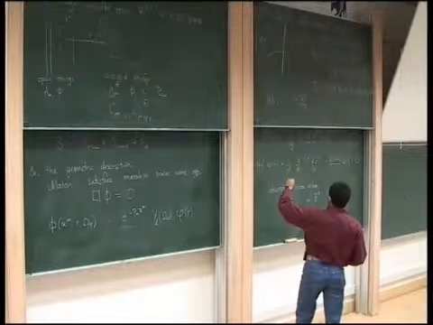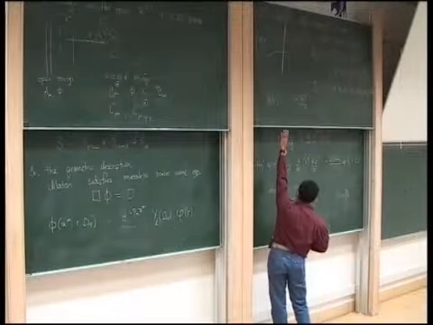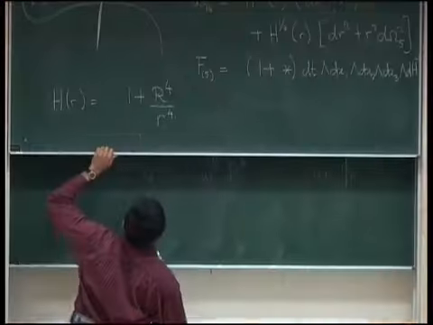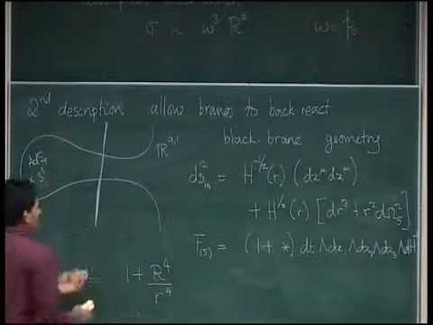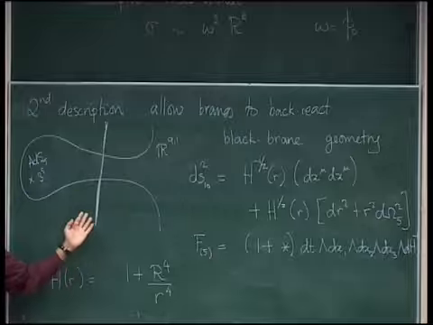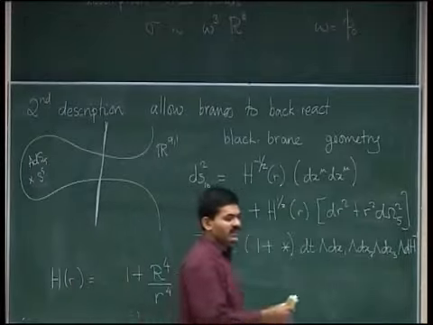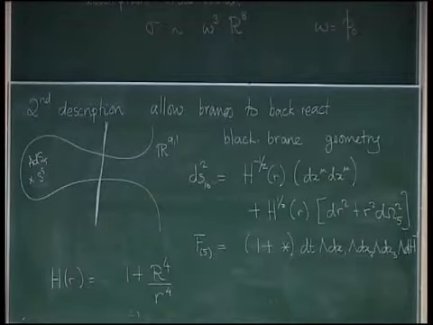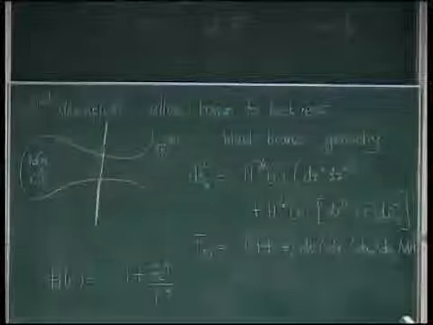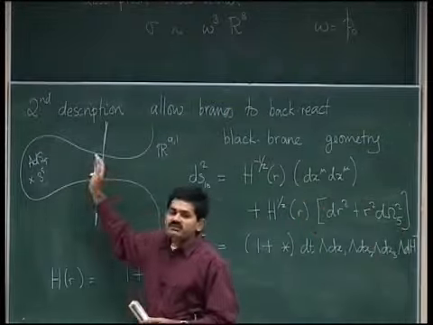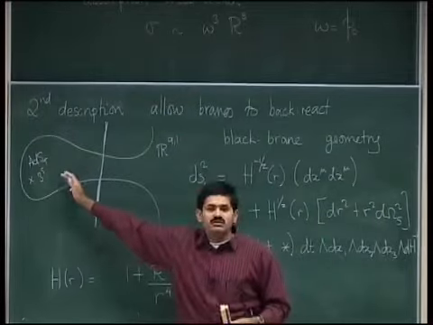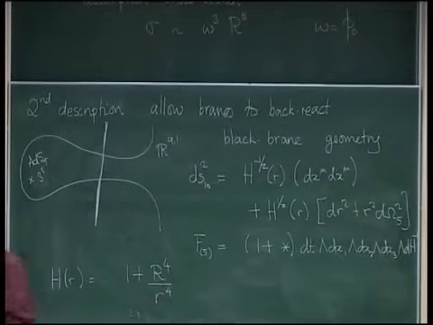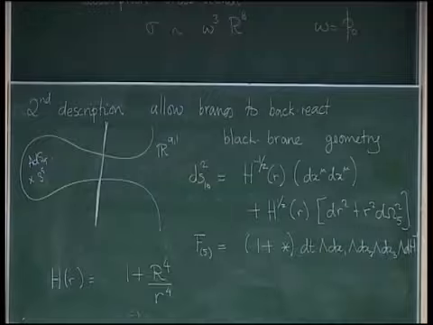Pictorially, what really happens is the following. The barrier I was talking about is physically present. So if I start chucking in particles, very low energy particles find it very hard to penetrate down to the region where the branes have back reacted significantly.